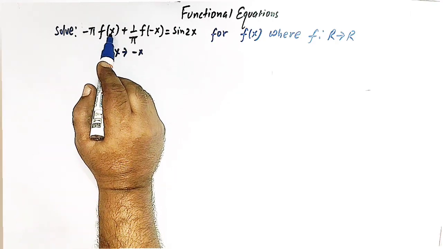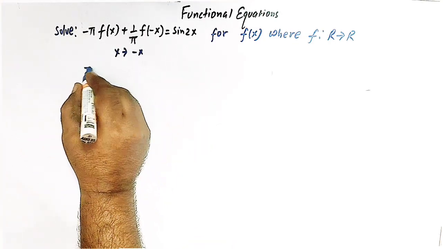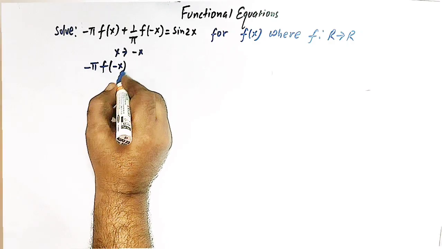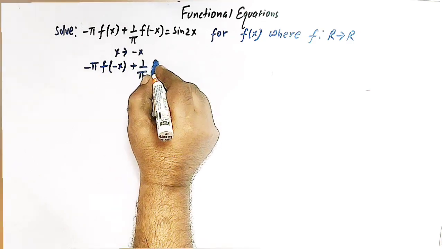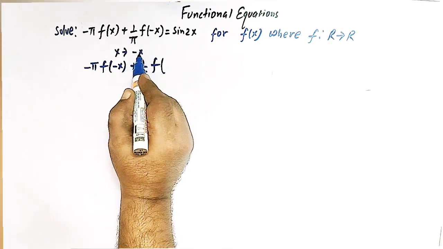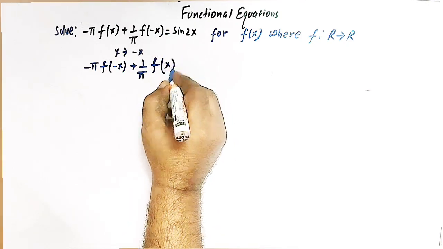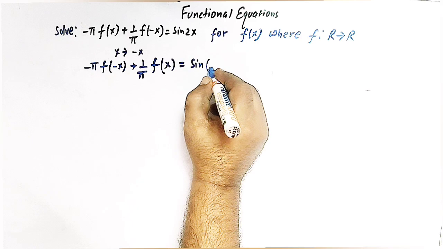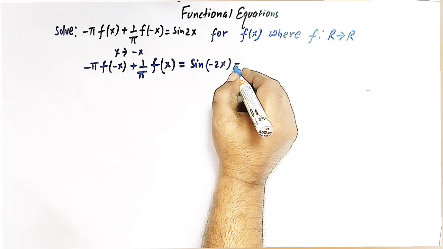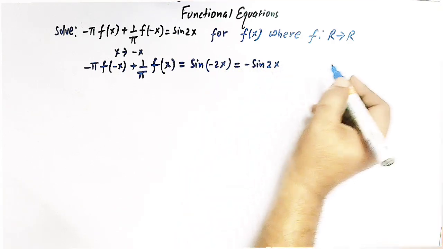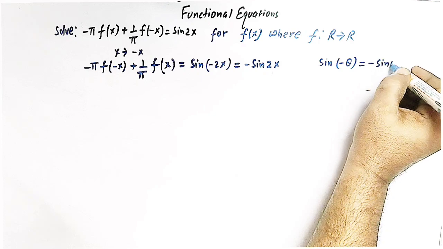Replacing x by negative x, we form another functional equation, that is minus pi f of minus x plus 1 over pi f of x, and on the right side we have sine of minus 2x, which becomes minus sine 2x, because from trigonometry we know that sine of minus theta is equal to minus sine theta.